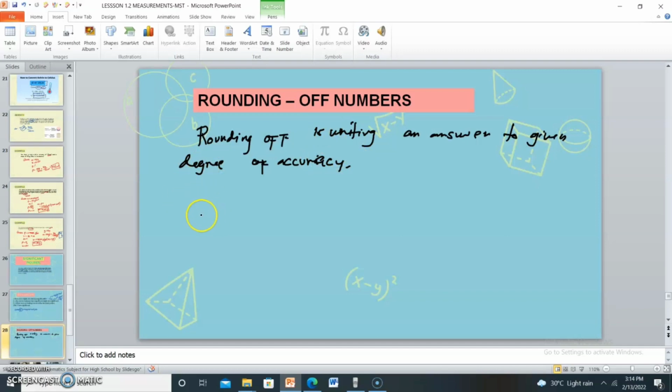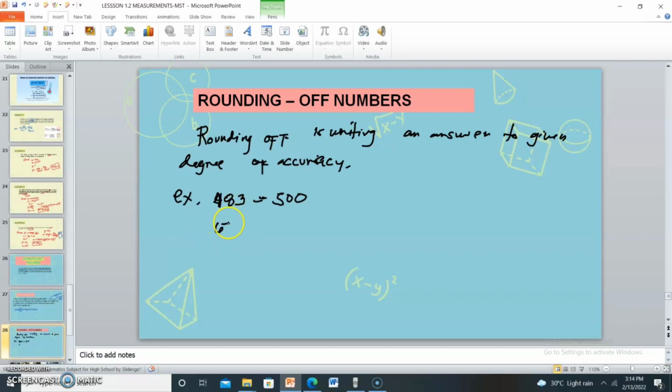For example, 483. You round it off at the next digit, 8, which is higher than 5. So you can round it off to 500.